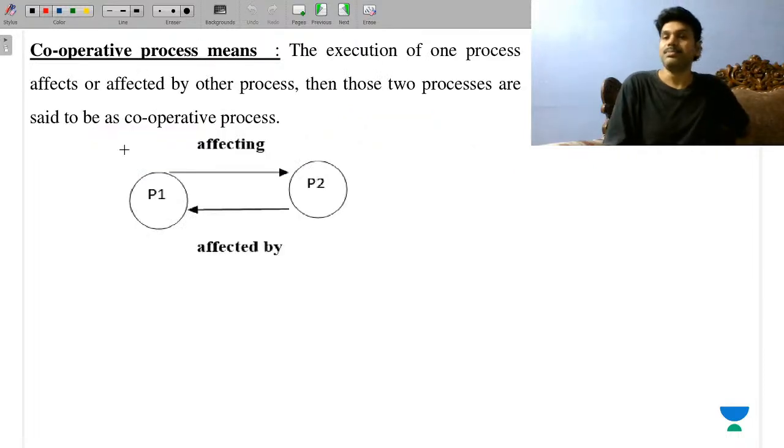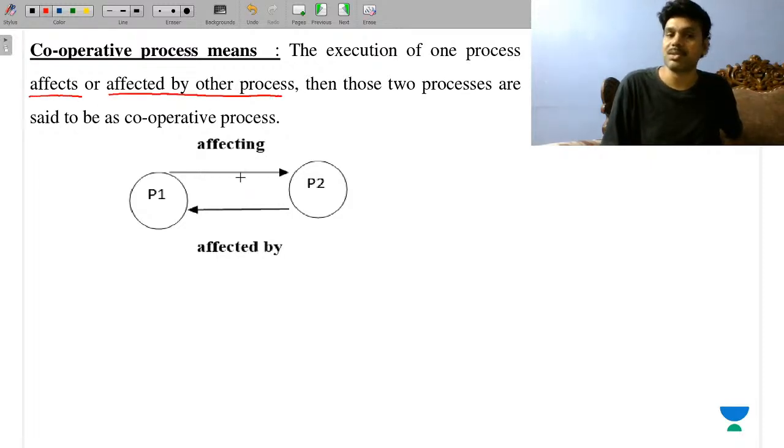See the figure now. A cooperative process is nothing but one that affects other processes or gets affected by other processes. So I can have some kind of effect on others, and other processes can also have some effect on me. What is the meaning of that? Please understand P1 and P2.